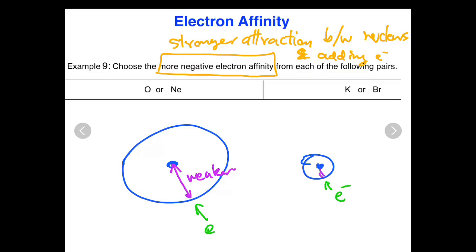So the interaction in the smaller atom would be stronger. Therefore, with the weaker interaction, you are going to end up with less exothermic, which means that the electron affinity would be less negative.